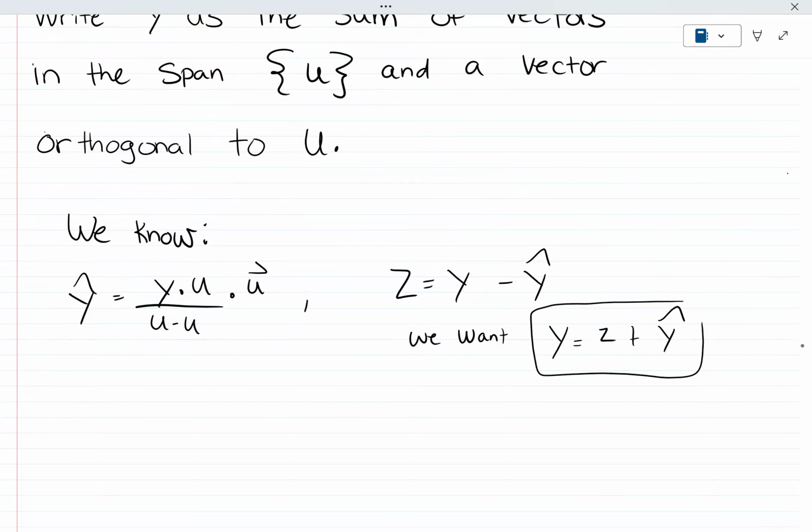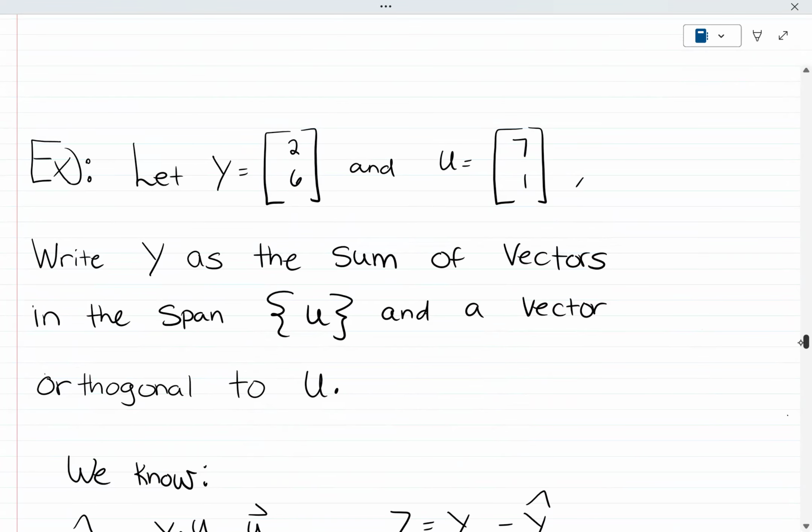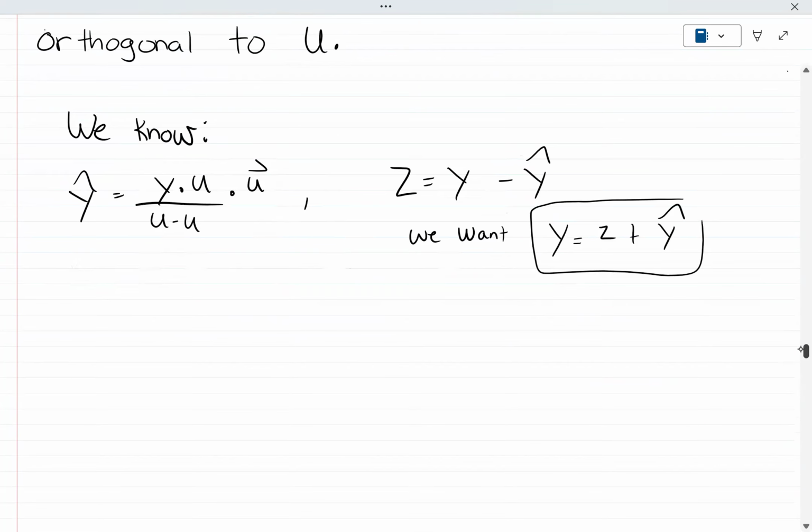So let's do the work. First we should find y hat. This is our y vector and our u vector. So y hat is going to equal y dot u over u dot u, times vector u.